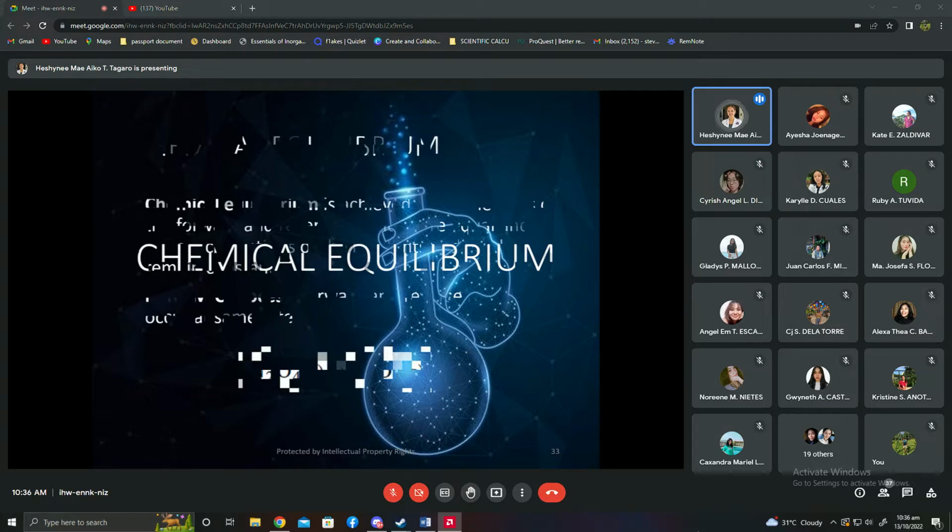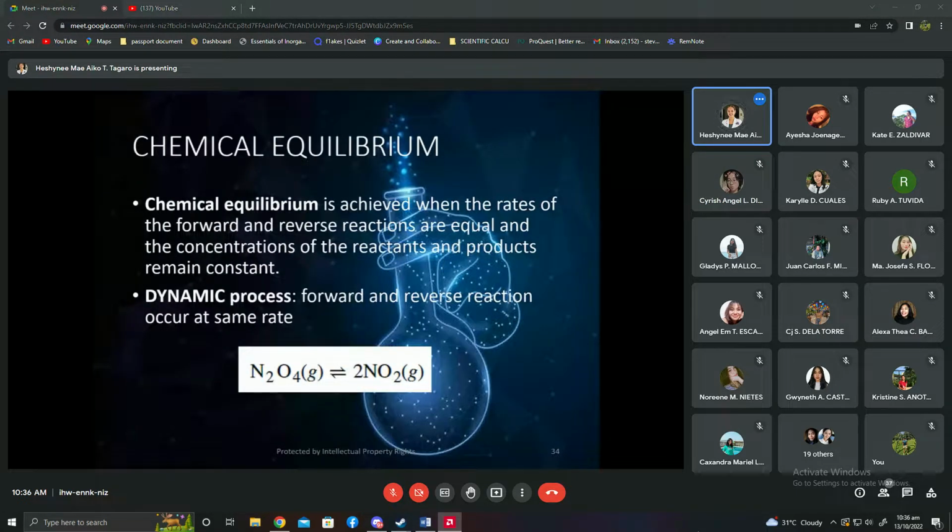Okay, so what is chemical equilibrium? Few chemical reactions proceed in only one direction. Most are reversible, at least to some extent. At the start of a reversible process, the reaction proceeds toward the formation of products. As soon as some product molecules are formed, the reverse process begins to take place, and reactant molecules are formed from the product molecules.